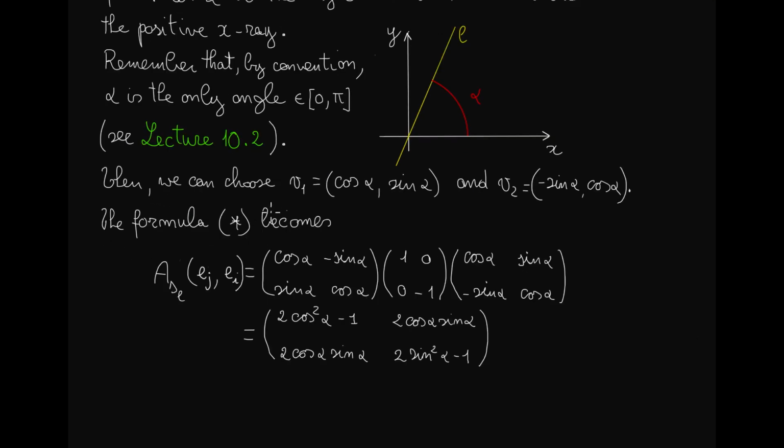The formula star becomes the following equality: the associated matrix with respect to the canonical basis of domain and codomain is the associated matrix with respect to the old basis, which is the same as before, multiplied on the right and on the left by the matrices P and Q minus 1. In this case, this is the inverse of the matrix obtained by taking V1 as the first column and V2 as the second column.